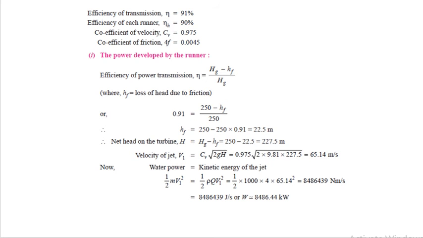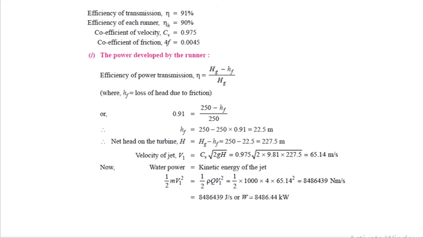First, we will calculate the power developed by the turbine. Efficiency of power transmission is η, that is 91%, which signifies the losses during the transmission of the water in the penstock. So this efficiency will be (Hg minus Hf) upon Hg.